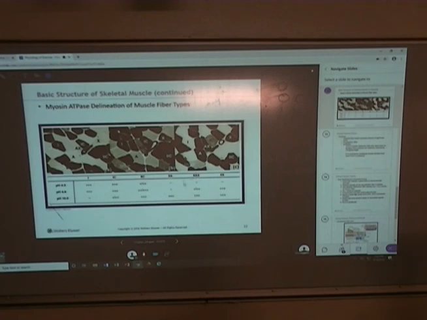And the reason I say that is that, to my knowledge, those muscle fiber types have not yet been found in human skeletal muscle. All right? In human skeletal muscle, type 1 is identified, type 2A is identified, and type 2X is identified. Now, that doesn't mean the others aren't there, right? But if they're there, we haven't found them yet. Okay?